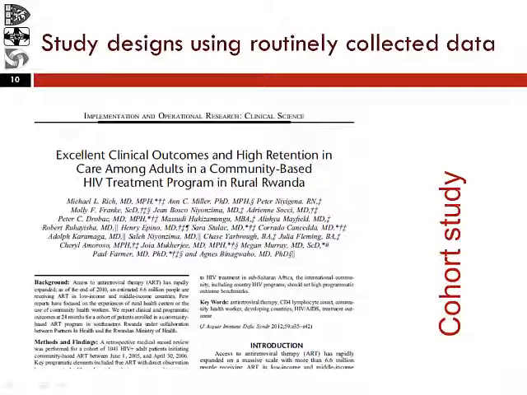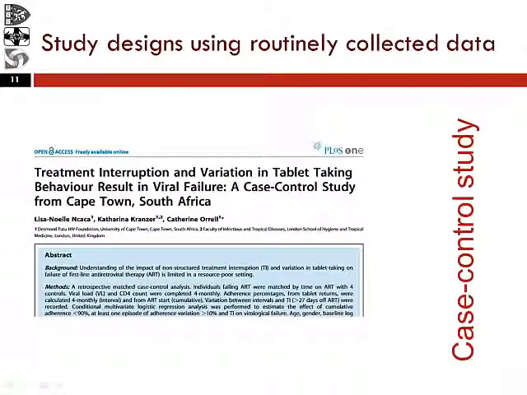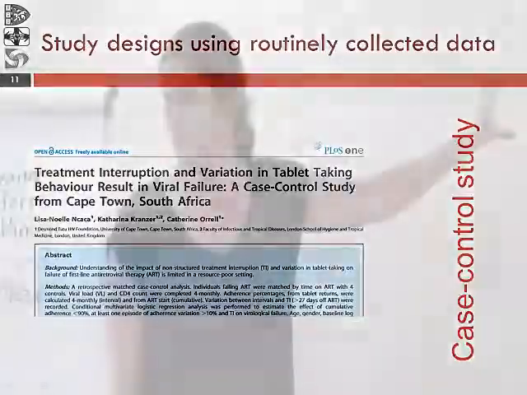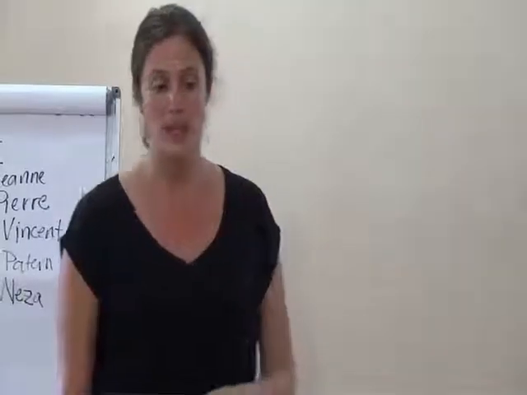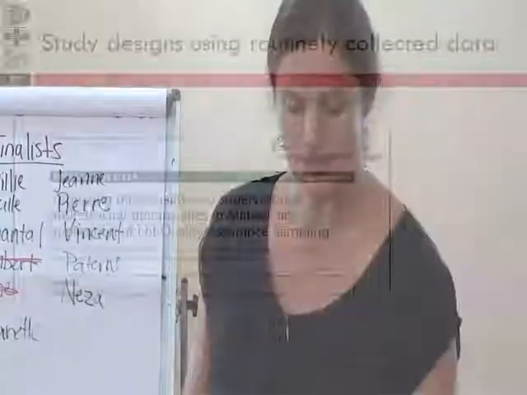It used EMR data to look at patient outcomes of the first 1,000 patients treated for HIV in our sites. This study was a case control study looking at treatment interruptions, but only used routinely collected data. So they used routinely collected data and combined it with a case control design to answer their question.